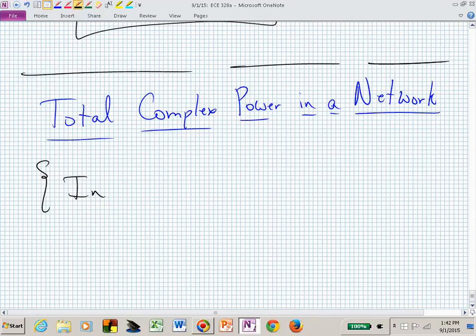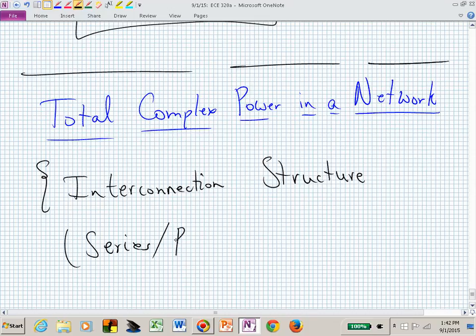The interconnection structure, be that series or parallel, is unimportant.